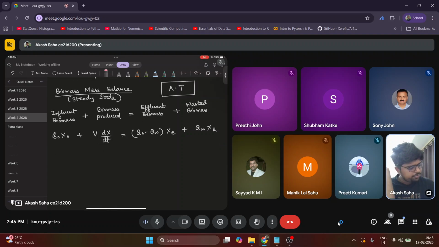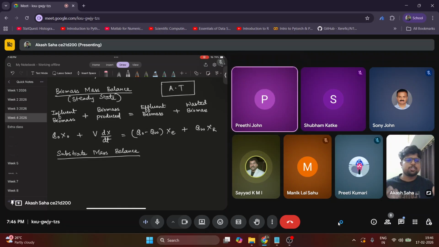Next, we will do the substrate mass balance. Here also again, influent substrate. Here substrate won't be produced, but what will happen to the substrate in the aeration tank?